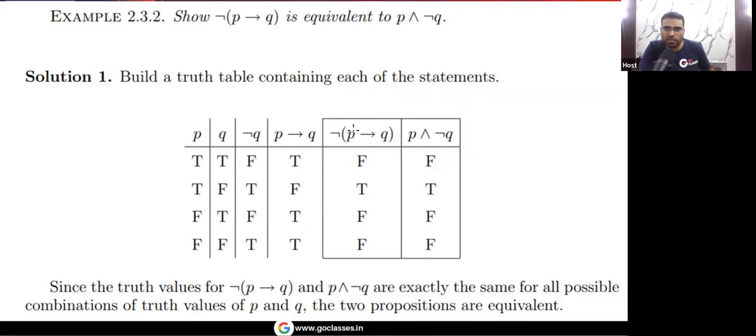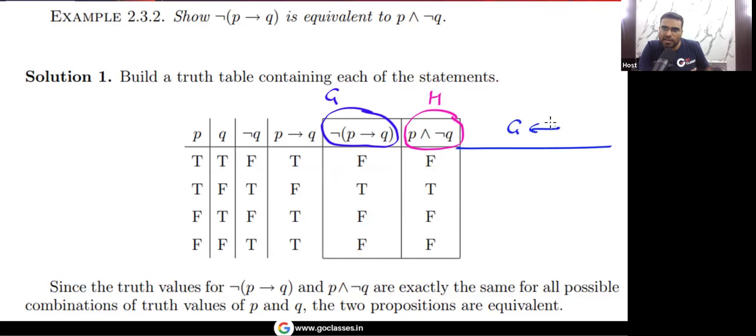Now, did you notice one thing? Tell me, what is their biconditional? If I create G biconditional H, what will I get? F biconditional F will be true, true biconditional true will be true.